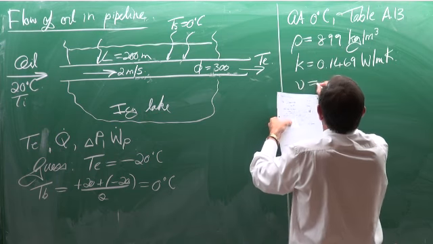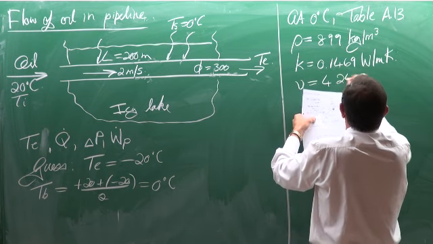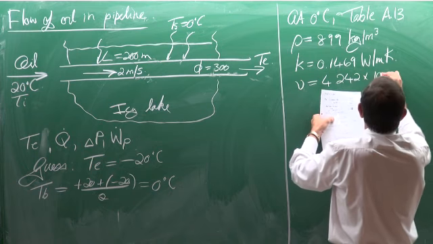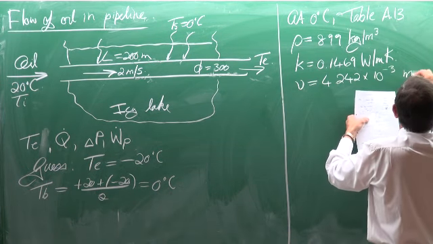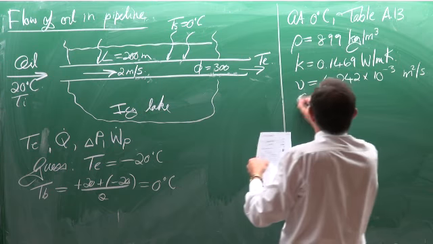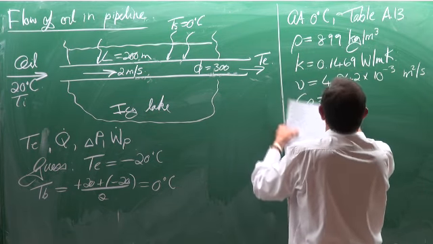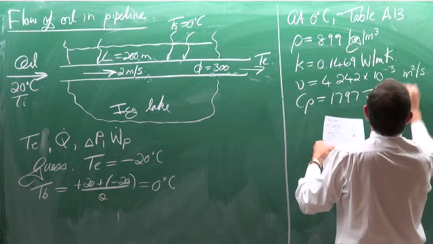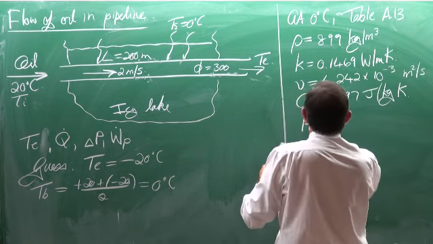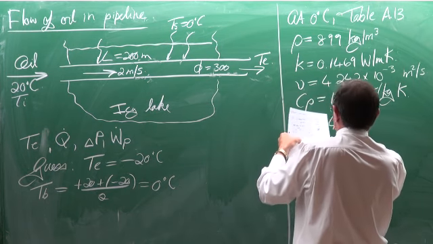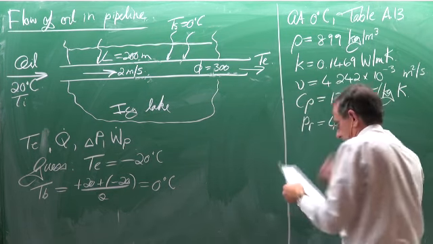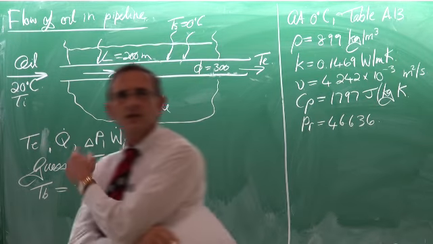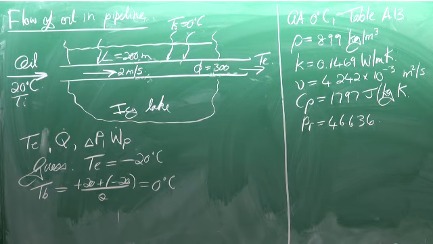The kinematic viscosity is equal to 4.242 multiplied by 10 to the minus 3 meters squared per second. The CP value is equal to 1797 joules per kilogram Kelvin. And the Prandtl number is equal to 46.636. You see that in your textbooks. You're all happy with it. Okay?